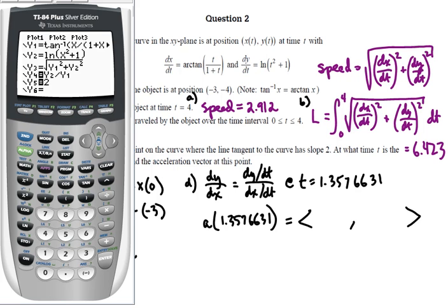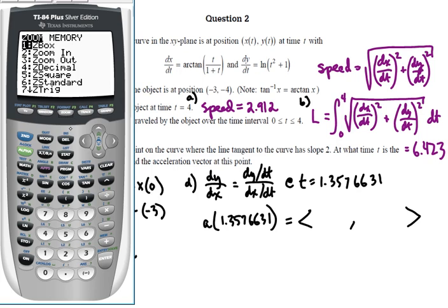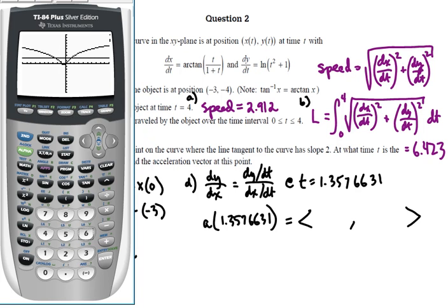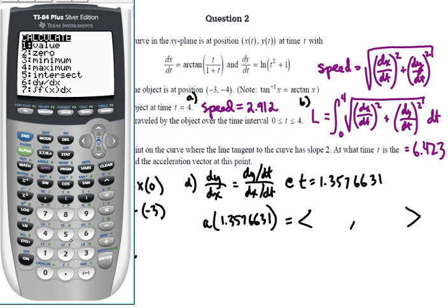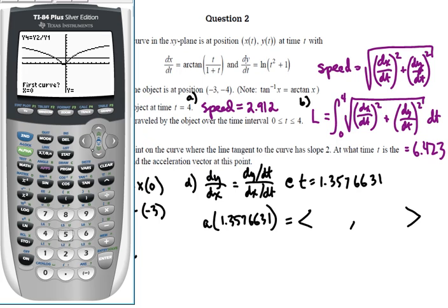Then when we go out and graph these functions, zoom, standard, and graph those two functions, we can see that they do intersect. And if I were to go in and find the intersection point, the first curve is there, the second curve is there.